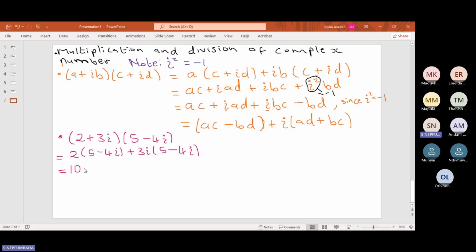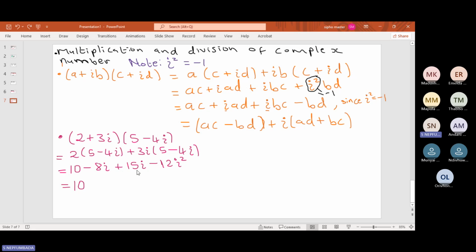10 minus 8i plus 15i minus 12i squared. Is that so? This is 10 minus 8i plus, okay, we can even group the like terms.